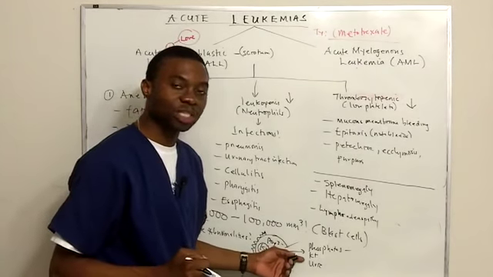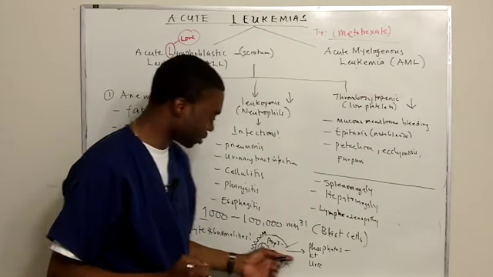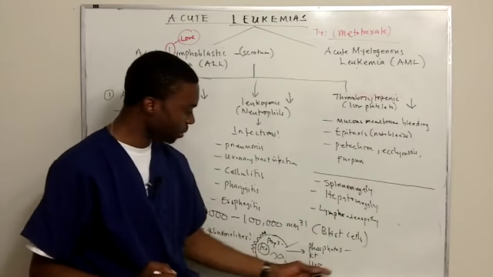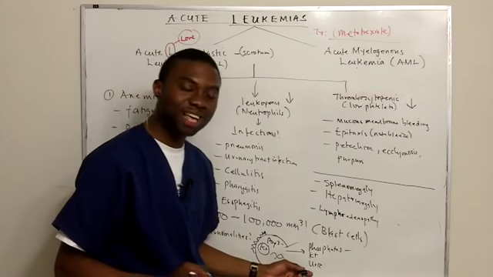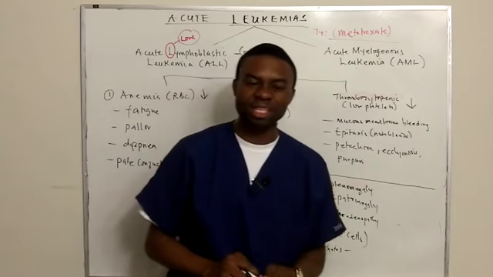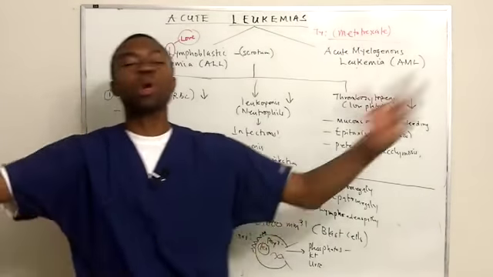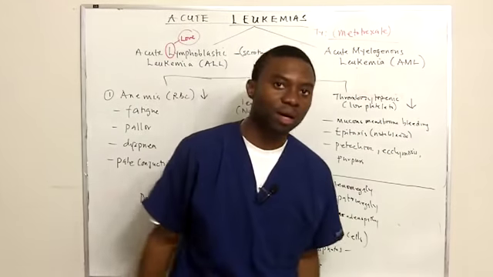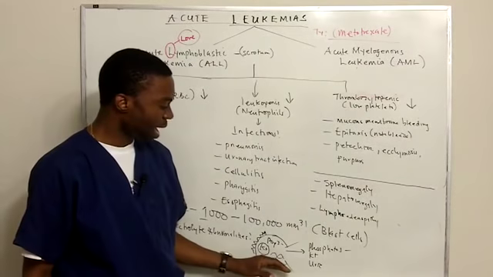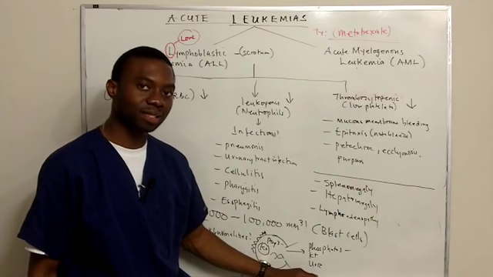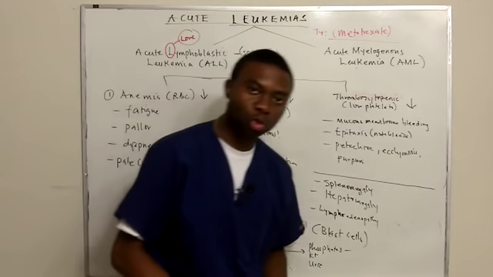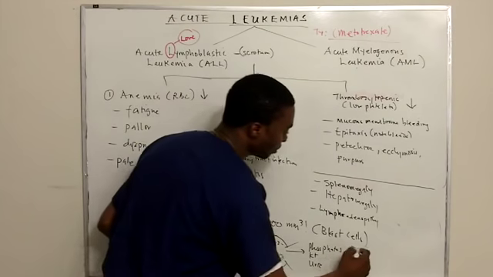High potassium, which is hyperkalemia, because the potassium is leaking out into the bloodstream. Hyperuricemia, because the uric acid level is going to skyrocket when you blow up this huge cancerous cell and release all this content. Therefore, this is known as tumor lysis syndrome.